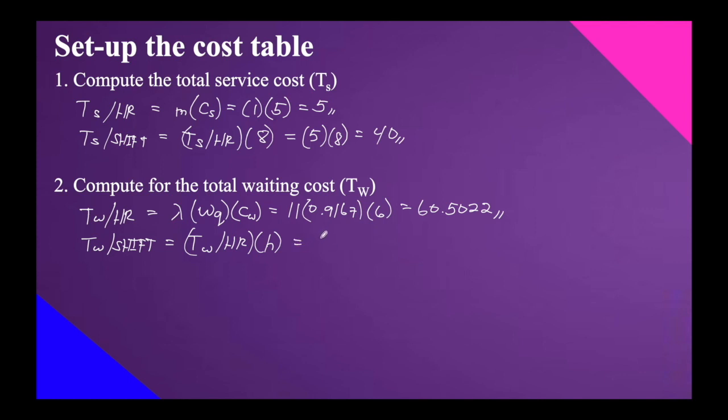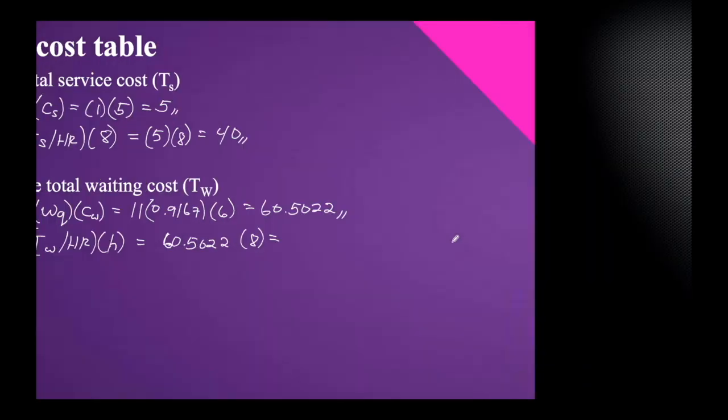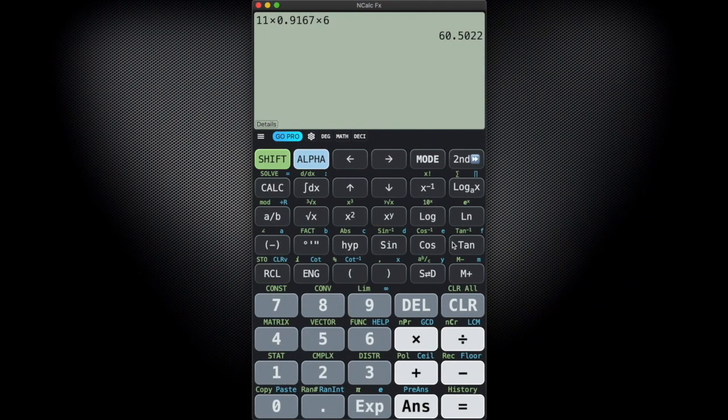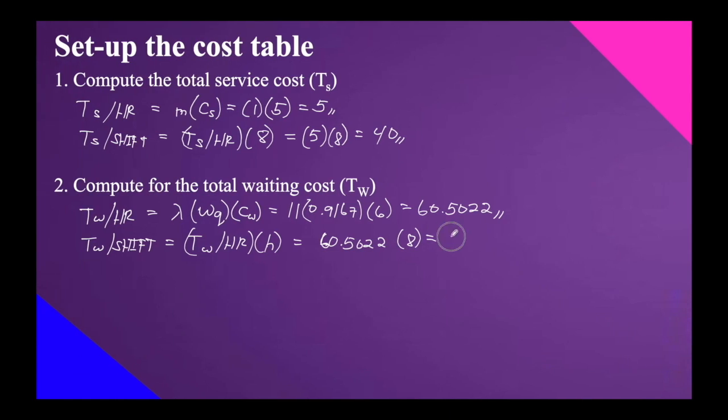That is 60.5022 multiplied to 8. Let's go to our calculator, diretso na to. Multiply ulit sa 8, 484.0176. So, 484.0176. Ganyan kalaki ang nasasayang. That is the total waiting cost paghihintay dahil isang teller lang yung naka-open sa'yo.